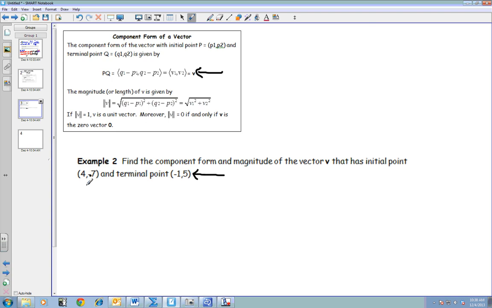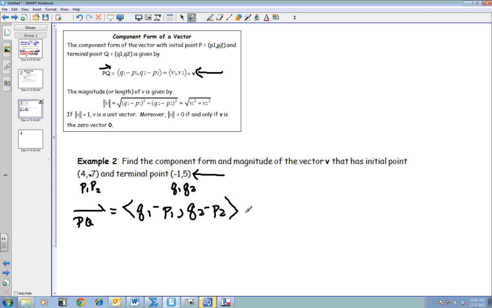This is point P, so here's my P1, P2. This would be considered my point Q, so this would be Q1, Q2. Okay, and I'm going to plug those numbers into this formula. Q1 minus P1, that's my first number, and then Q2 minus P2, and that's going to give me my component form.